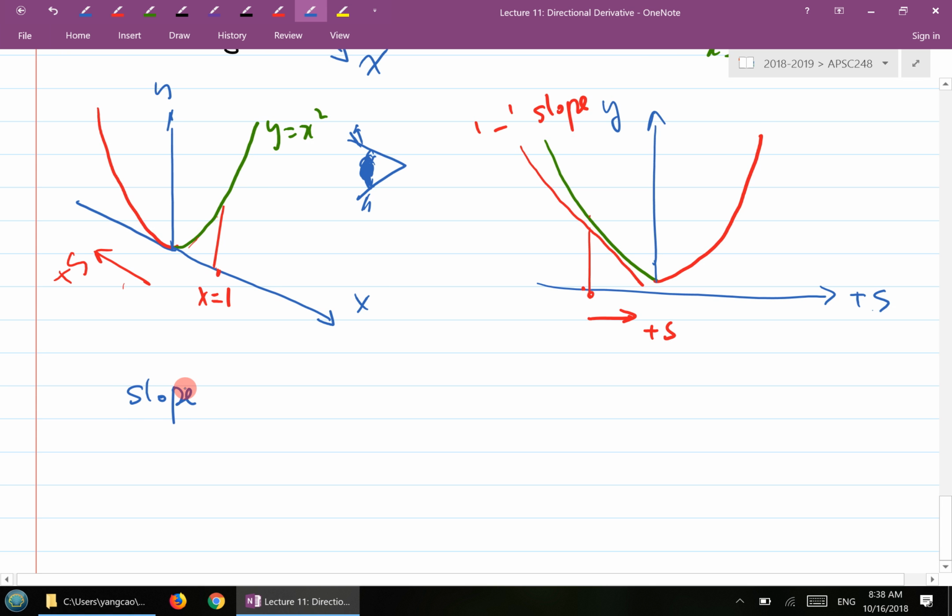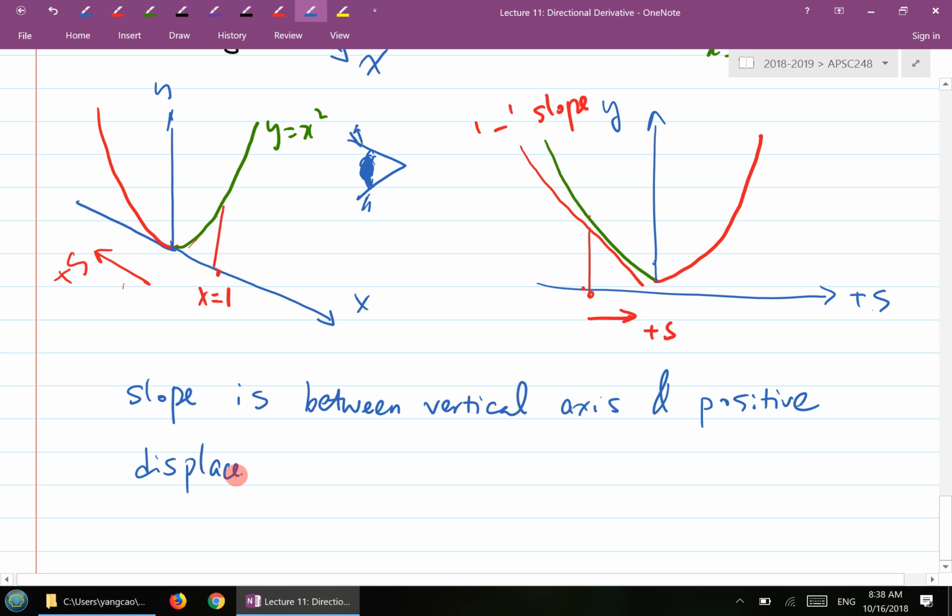I'm going to write it as sort of a new concept of slope now. So what is the slope now? Slope is between this vertical axis, that's the vertical axis y, and I'm not going to use the x-axis anymore, so I'm going to use this positive displacement.